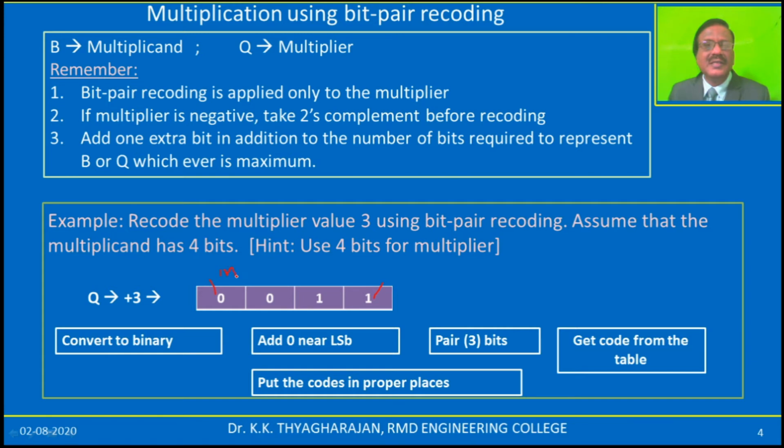Where you have to add a 0 near LSB, that is here you have to put a 0. So I am adding a 0 now. After adding this extra bit in the right side, you have to pair these bits. Now I want to recode this one.